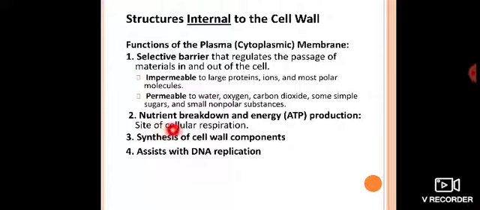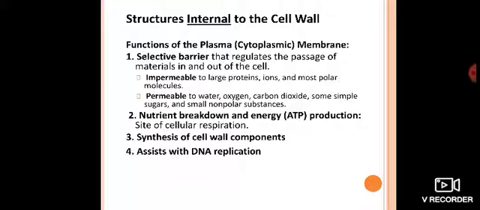Second one is nutrient breakdown and energy production. Okay, the second important function carried out by your cytoplasm is nutrient breakdown and energy production. It is the site of cellular respiration. Here different types of sugar molecules or glucose will produce energy, as well as synthesis of the cell wall component.